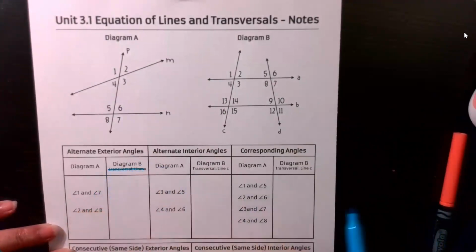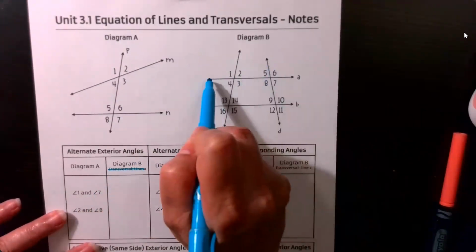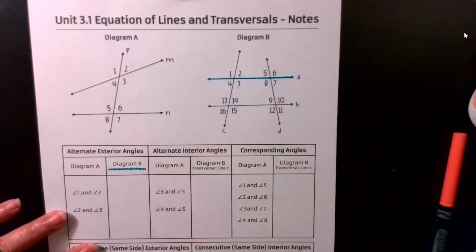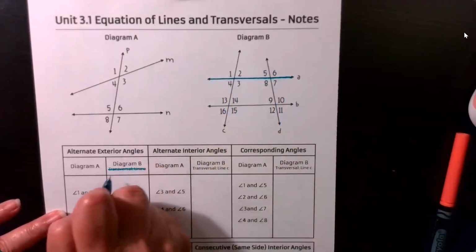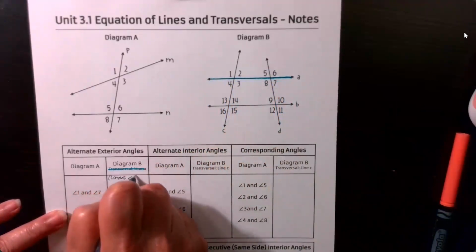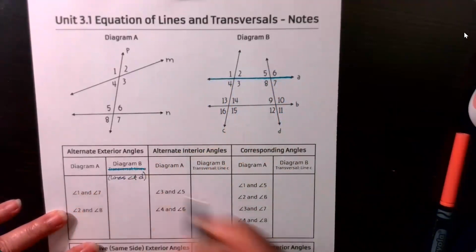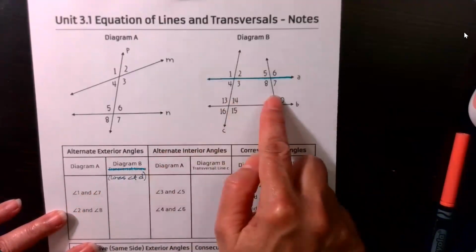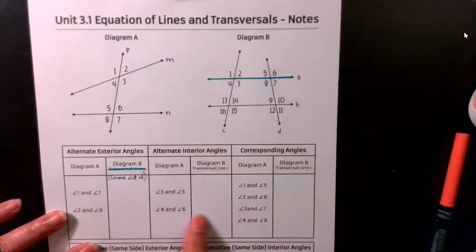So this one, we want the transversal to be line A. So this is our transversal here. What is it cutting through? It's cutting through lines C and D. Okay, so we're going to be looking at these sets of angles to fill in this column here.